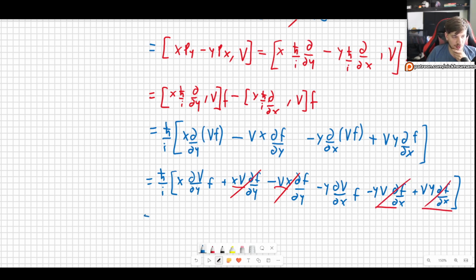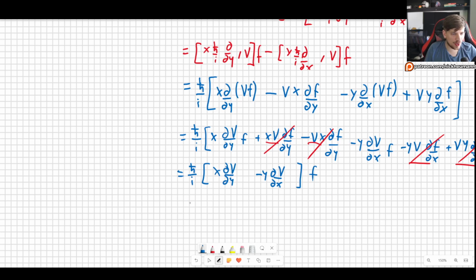So all we are left with are the other two terms, so h bar over i, and then we get x dv dy times f minus y dv dx times f. Now we're going to use a little bit of a trick. And what we're going to do is the following.